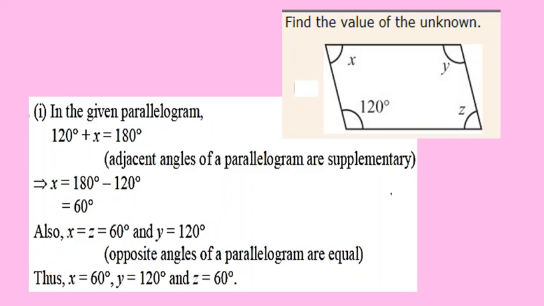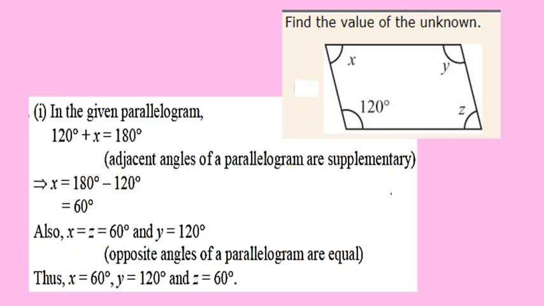Now you can use any property of the parallelogram. We have learned two important properties for the angles. Adjacent angles are supplementary, that is one property. Another is that opposite angles are equal.